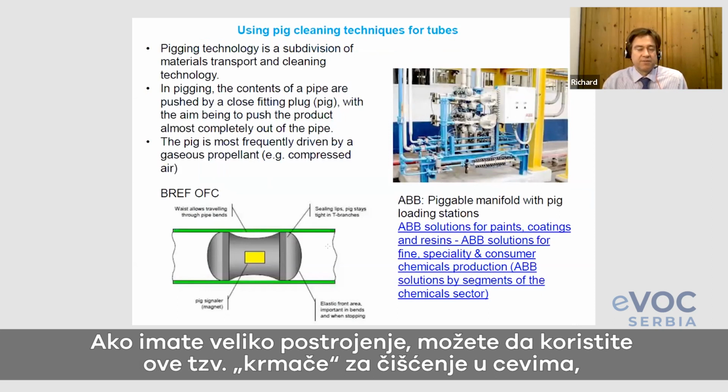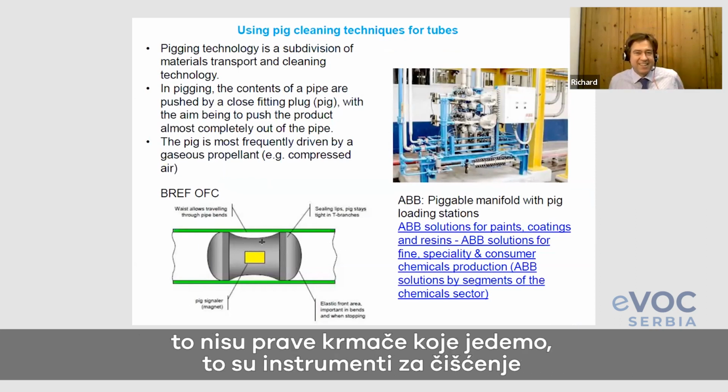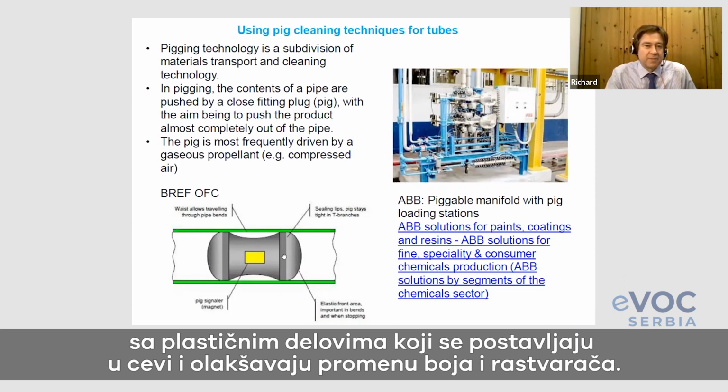Something more for larger installations is a pig. It's not a real pig that you eat. It is a cleaning tool, a plastic part that you shoot through the line and that does the cleaning. And so you can very easily change colors and solvents.